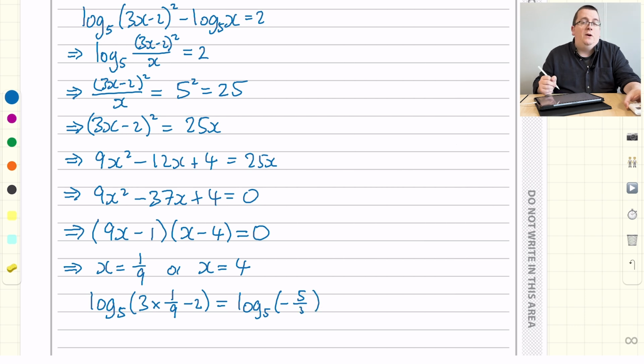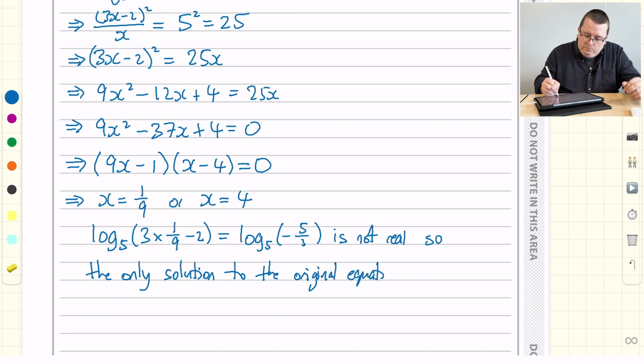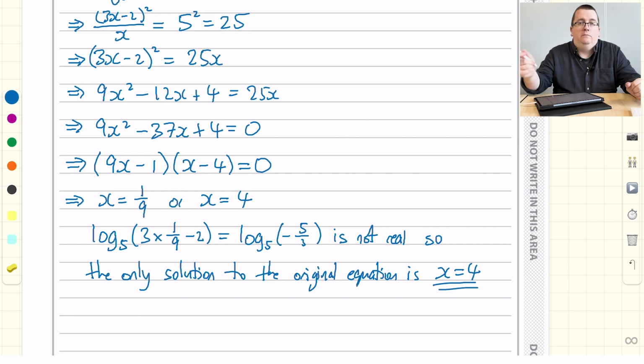So we're trying to take the log of a negative number in the original equation, and that causes a problem. It is not real. So the only solution to the original equation is x is equal to 4.